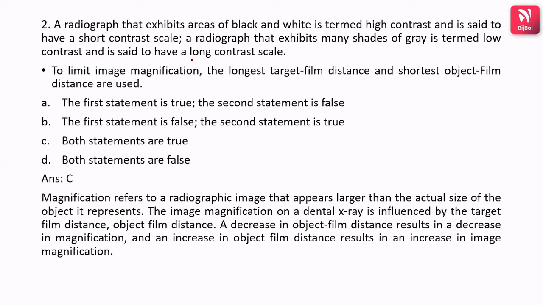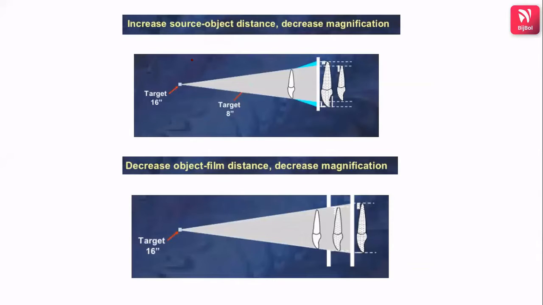Now, moving to the next one: to limit image magnification, the longest target film distance and the shortest object film distance are used. So basically, to limit the magnification, we increase the source object distance and we decrease the object film distance, as you can see here.